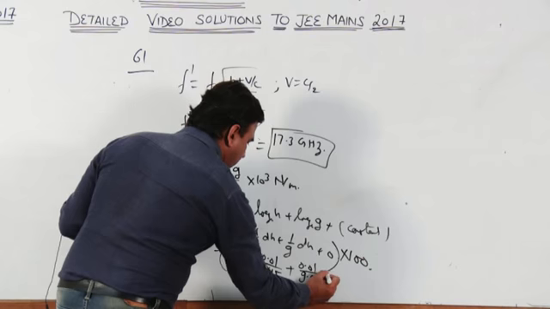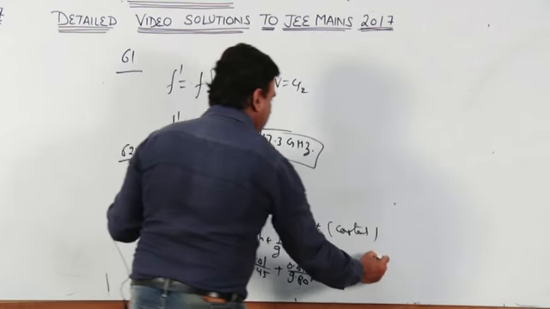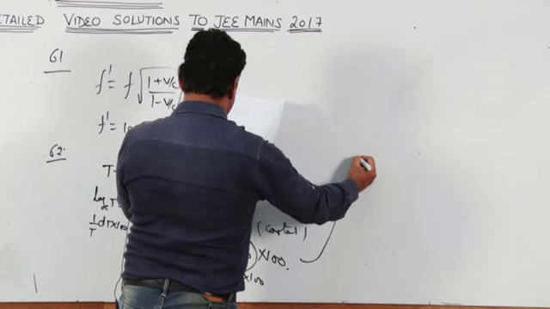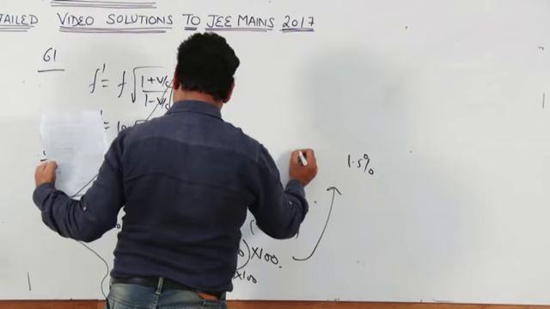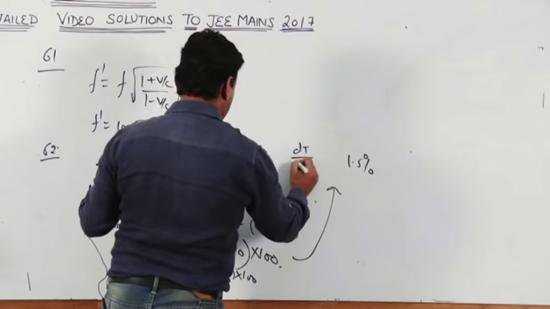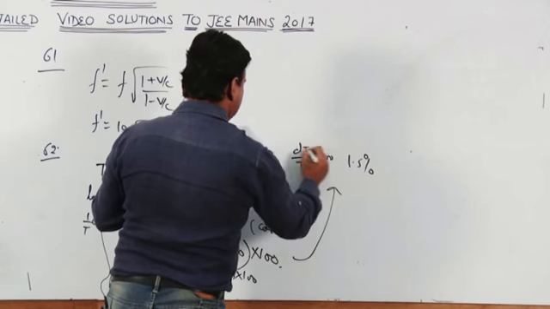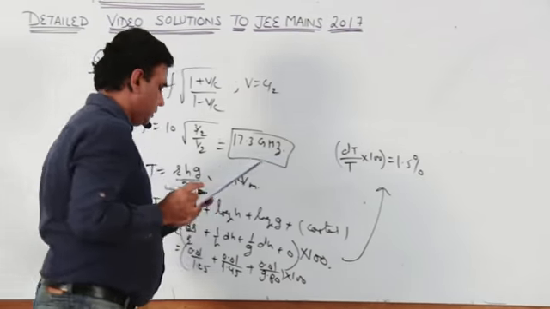If we multiply with 100, we can get the answer approximately 1.5%. So this error is about P into 100. This way we can get it.